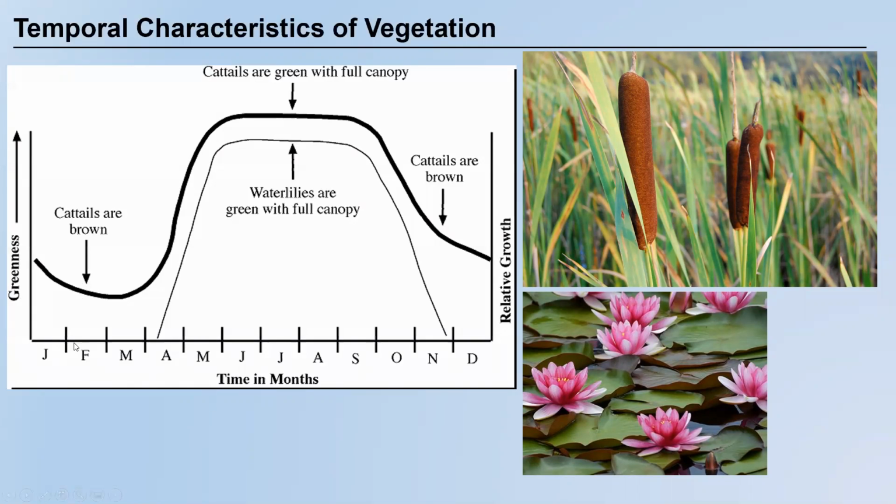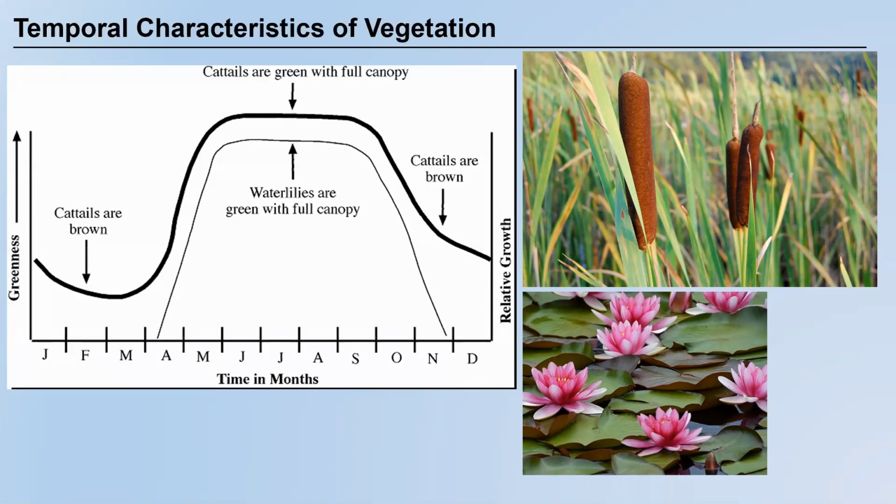Water lilies are not there from December to March, which means that in winter there is no leaf for water lily. That's the reason why the curve for water lily is not even there for December, January, February, and March. But even in winter, there are cattails, and it's not that green, but it's still there.